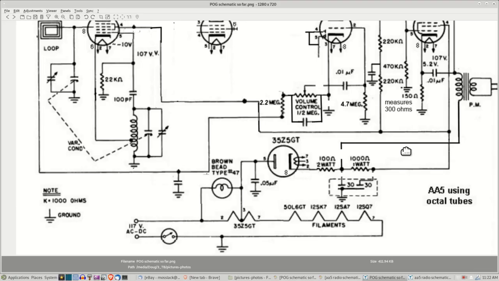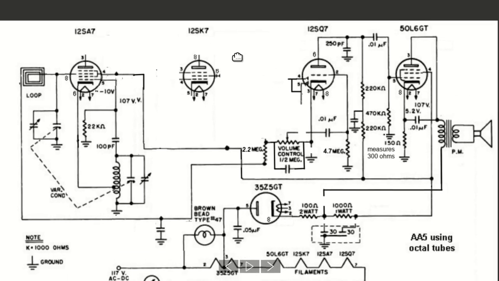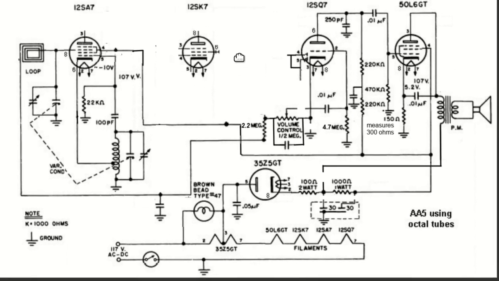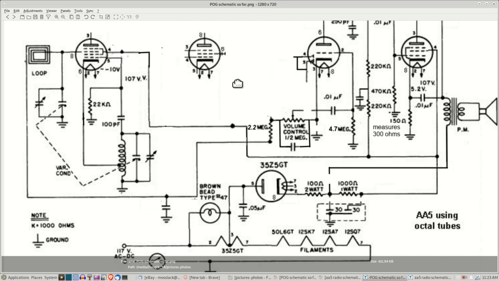Every one of the tubes has that scribed in there like that. That made me feel good that I had guessed right on the tubes. But again, that was done, I'm assuming, by the original person who worked on this. That's cool. I think that is a real neat deal.